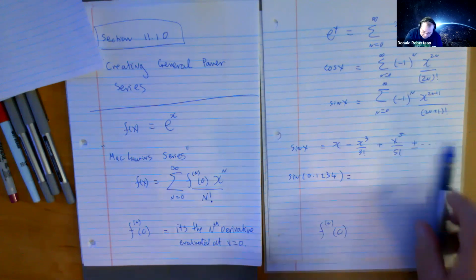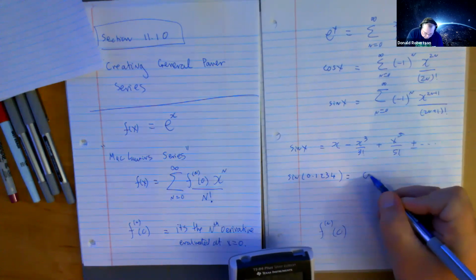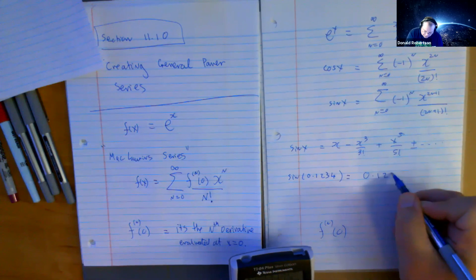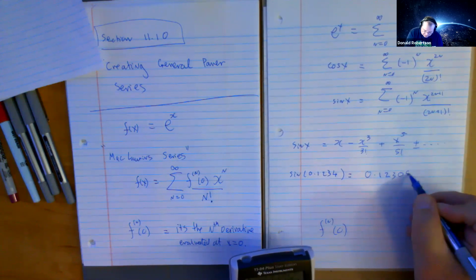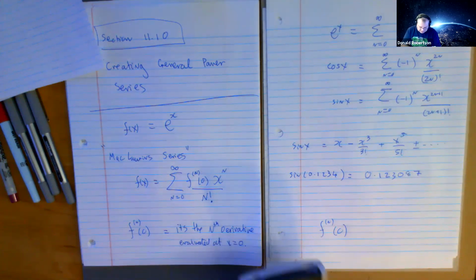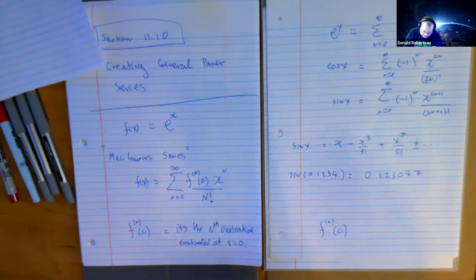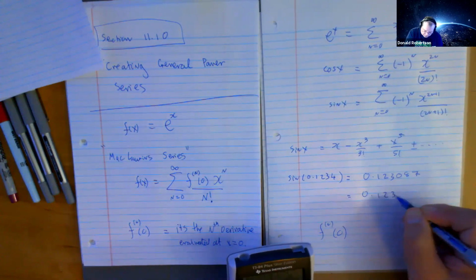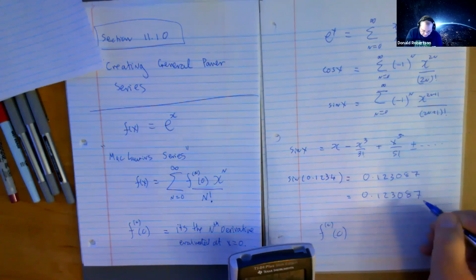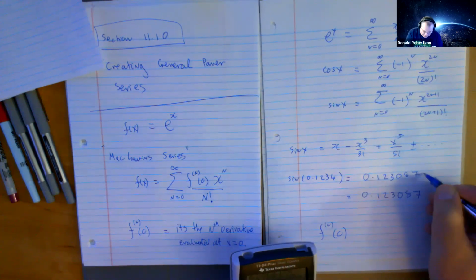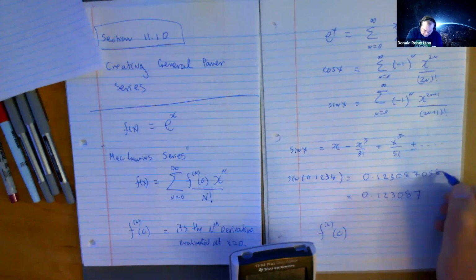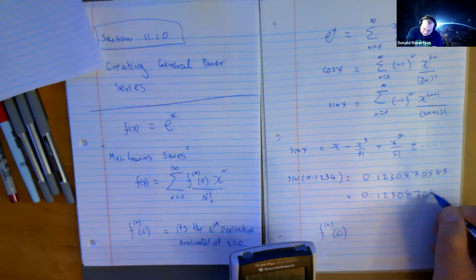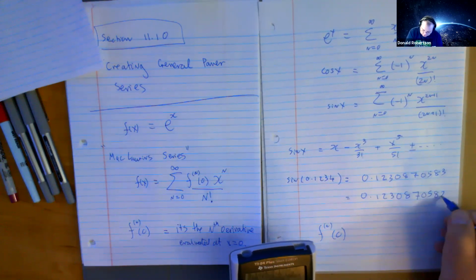And the answer I got was 0.123087 and some stuff. And according to the calculator, the sine of 0.1234 is 0.123087. Oh, okay. 05830582.